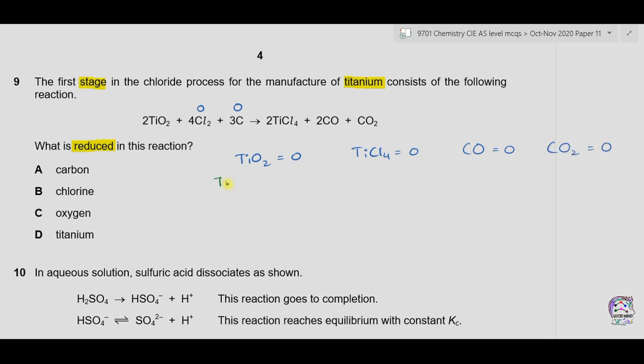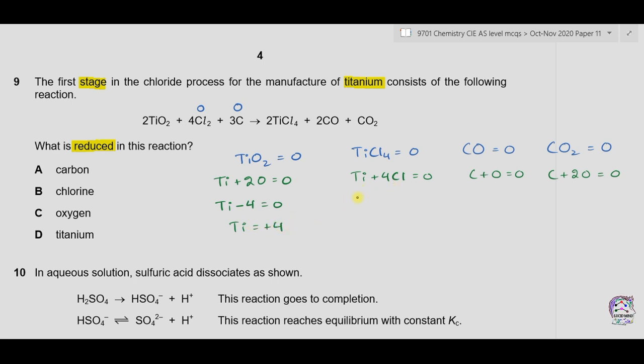So we have 1 titanium, 2 oxygens, 1 titanium, 4 chlorine atoms, 1 carbon, 1 oxygen, 1 carbon and 2 oxygen in CO2. The charge on 1 oxygen is -2, so it will be -4. Titanium is equal to +4.